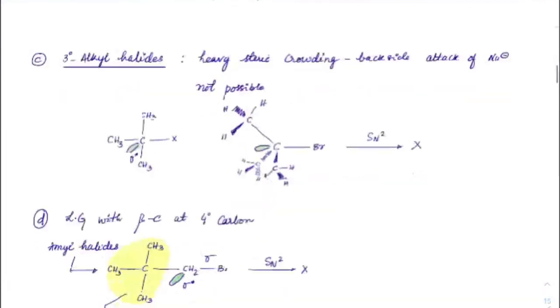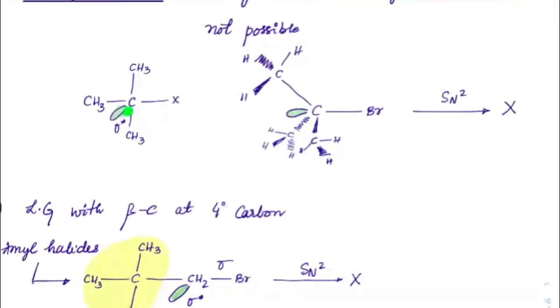The third case which you will see is tertiary alkyl halides. In tertiary alkyl halides, because of heavy steric crowding, backside attack of the nucleophile won't be possible. You can see that this is a sigma star which, if a nucleophile tries to approach, it can't, because of the steric crowding which arises because of these three methyl groups.